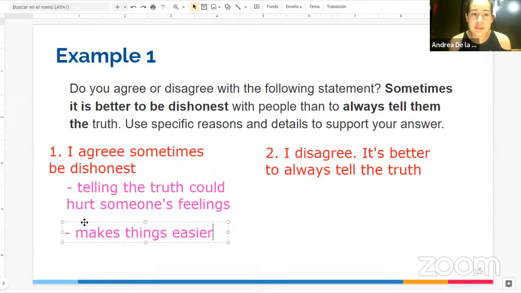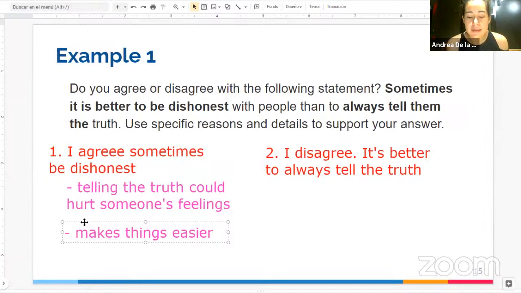If she asks you, do you think I look okay? And if you tell them, I don't think it suits you well, then maybe you're gonna hurt their feelings, right? So that would be a situation in which telling the truth could hurt somebody else's feelings. And you also have to think of a situation where it would make things easier. If you can think of a situation and it is different than the previous one, then it's okay.